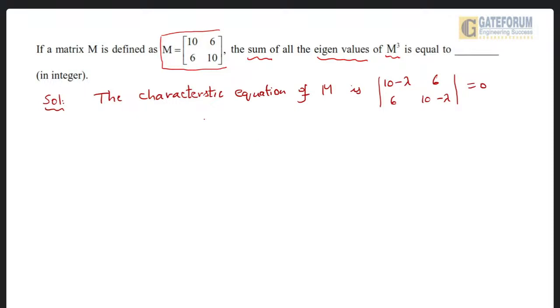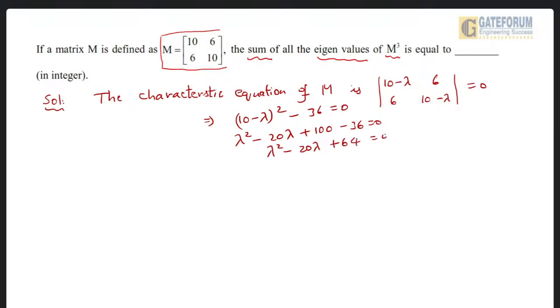Now, the determinant of the 2 by 2 matrix A, B, C, D is AD minus BC, product of diagonal elements minus product of non-diagonal elements. You will get 10 minus lambda whole square minus 6 square, 36, equal to 0. So this is lambda square minus 20 lambda plus 10 square, 100, minus 36. Now this simplifies to lambda square minus 20 lambda plus 64. Is it factorizable?